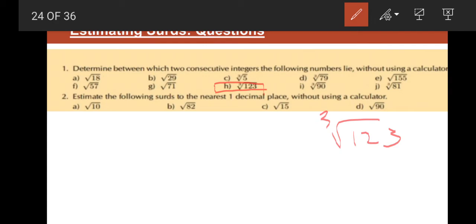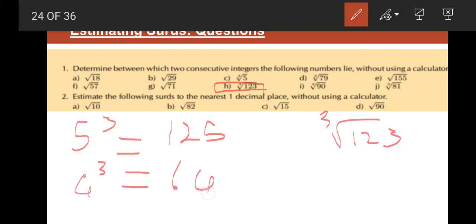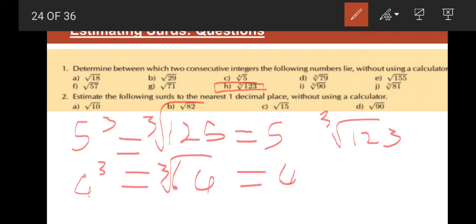From the previous question, we have learned that if we cube 5, we will get 125, and if we cube 4, we will get 64. So the cube root of 125 gives you 5, and the cube root of 64 gives you 4.